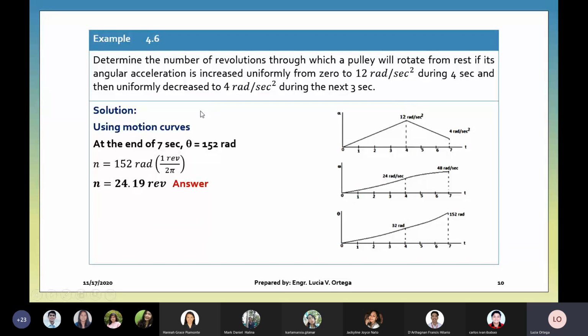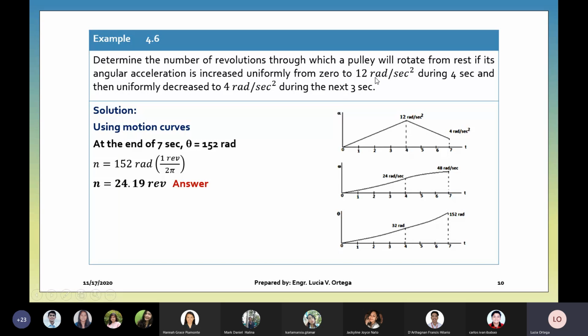This problem is better solved using the motion curve. Instead of A and T, we use time on the horizontal axis and alpha on the vertical axis.